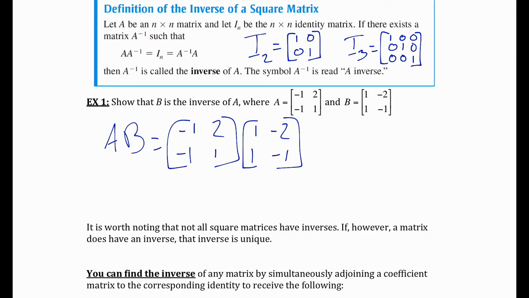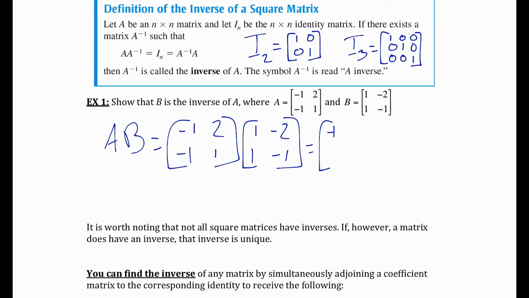Going through this piece by piece, I'm going to do what we did at the end of last section. We're going to do this first row times the first column. So we have -1 times this +1 over here, giving us a total of -1.